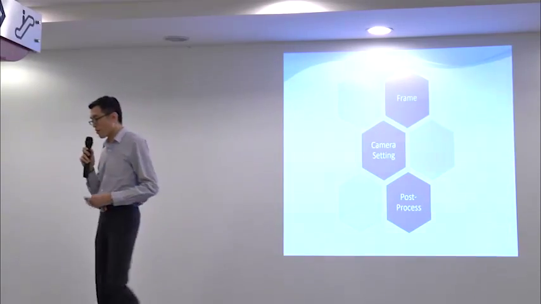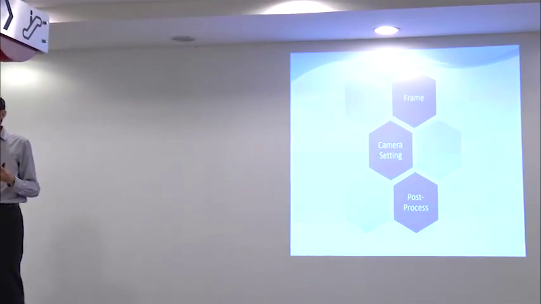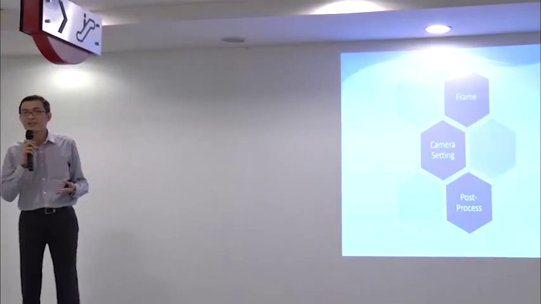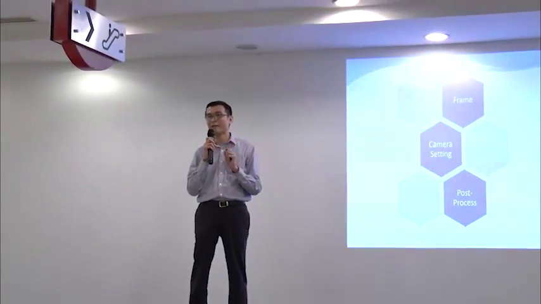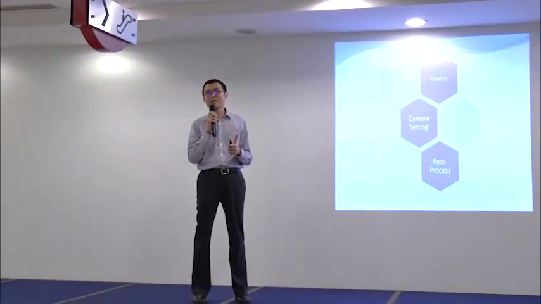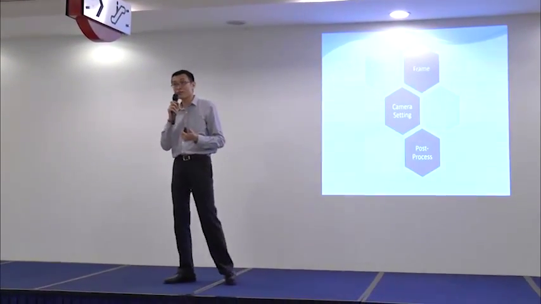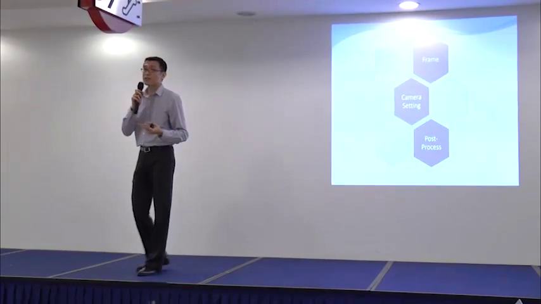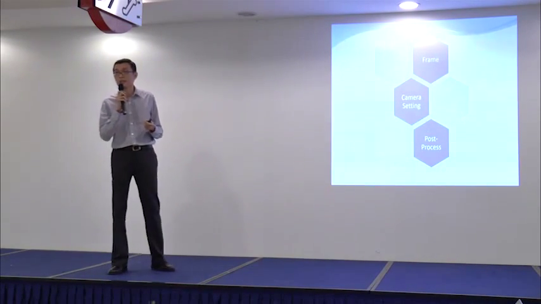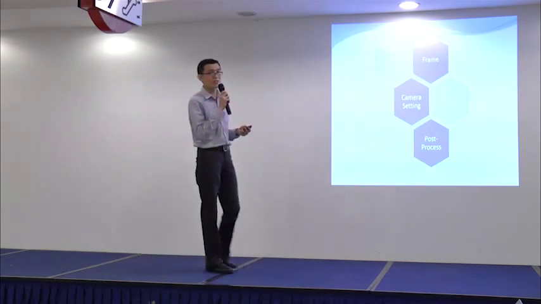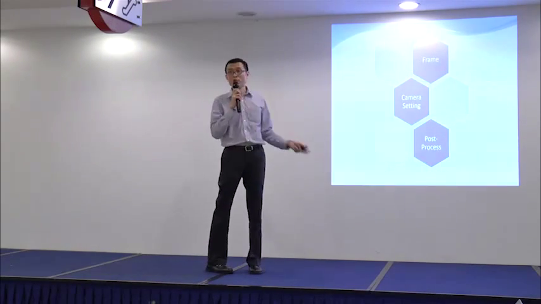Now, when we talk about how to make the photos amazing, there are three aspects that you have to remember. Three. The first one is how to compose your shot. The second one is how to make use of your camera setting. And the last one, obviously, I call post-process.